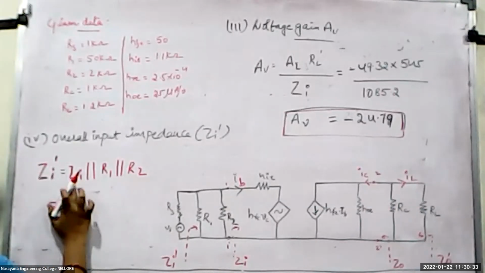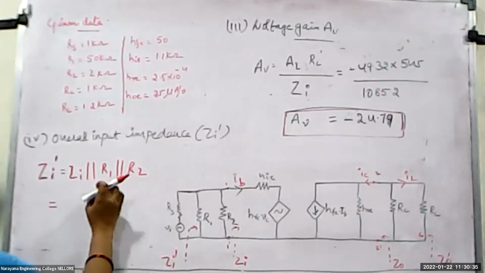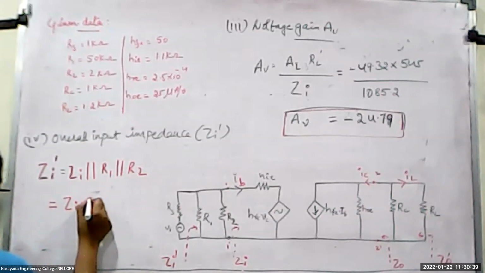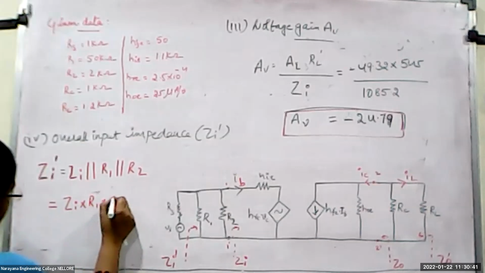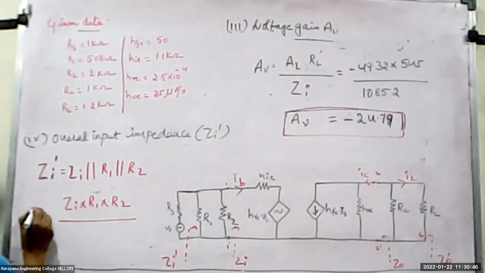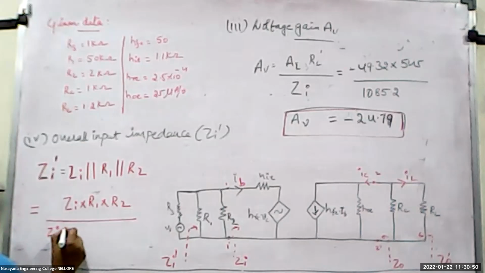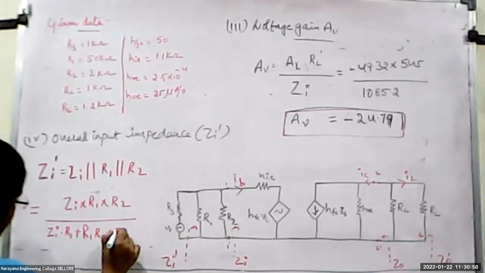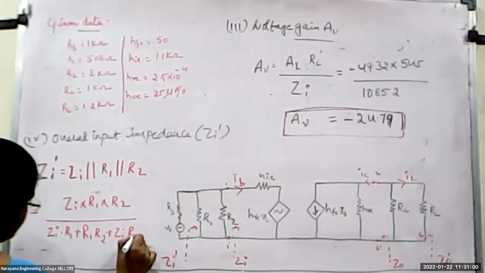That is Zi into R1 into R2 by Zi into R1 plus R1 into R2 plus Zi into R2.